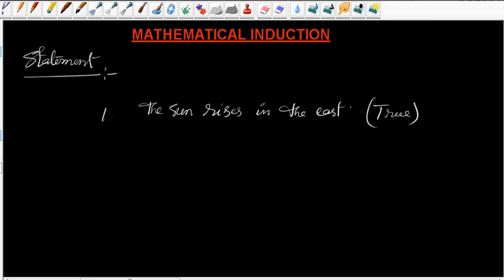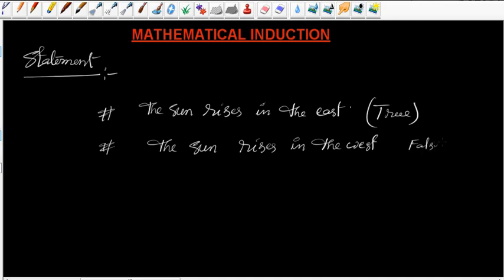Next, one more statement. The sun rises in the west. This is a false statement. Observe that the sun always rises in the east, but not in the west.